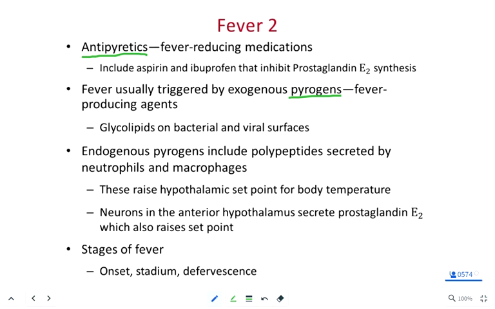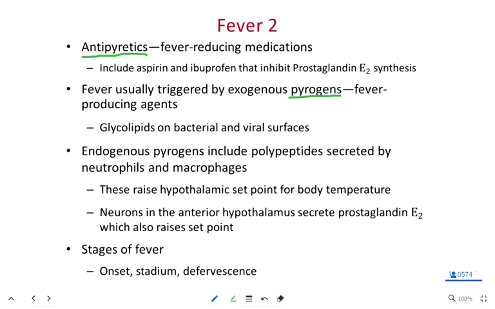Exogenous pyrogens are made from something that doesn't belong in our bodies. I believe it's phospholipid A from gram-negative bacteria. Don't quote me on that. It's been a while. Some of the glycolipids on the surface of the bacteria that invade our bodies.